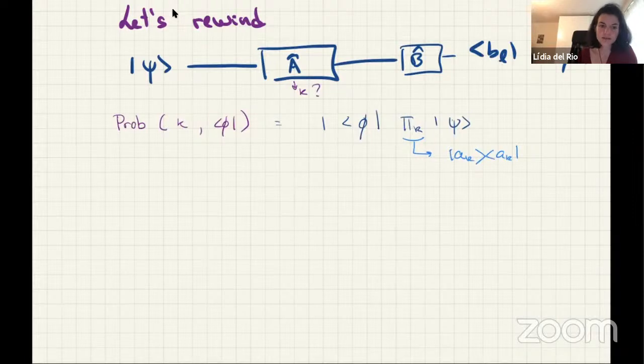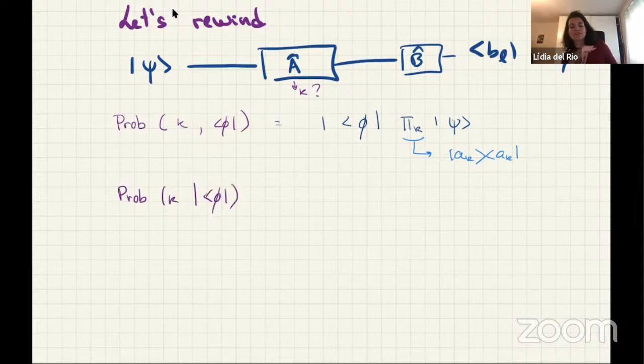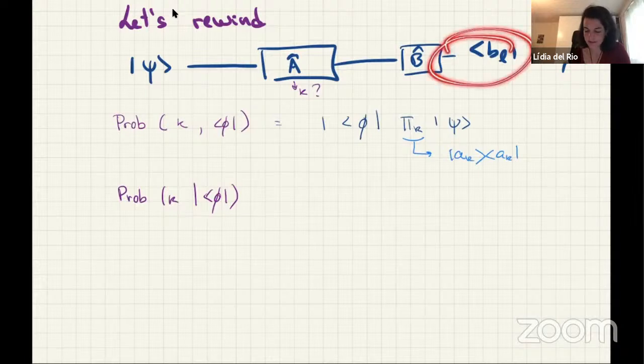Now we can ask, what's the probability of having gotten this K given that I post-succeeded, right? So given that the post-selection succeeded. We post-selected on getting the right outcome here at the end, L, which is our phi, and now we're asking how many of these measurements gave me K, what's the probability of having gotten K there?